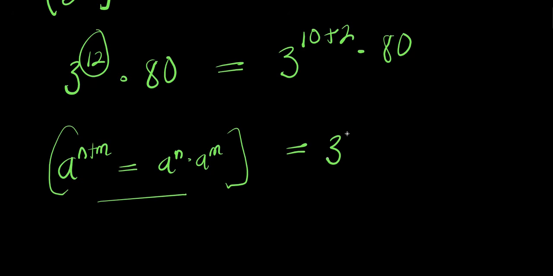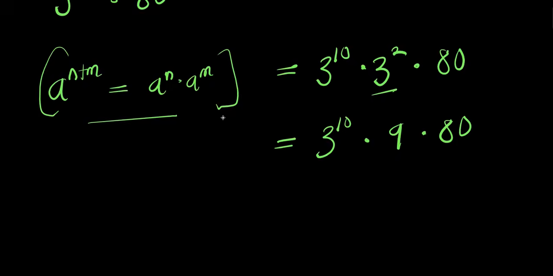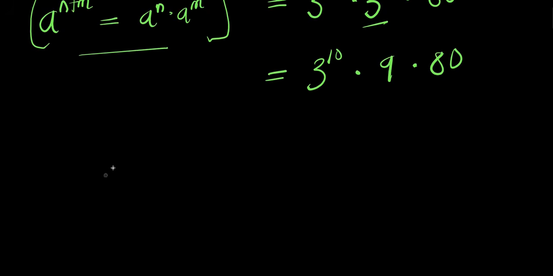So this will give us 3 to the power of 10 times 3 to the power of 2 times 80. So from here, we can have 3 to the power of 10 times 3 to the power of 2 is 9 times 80.